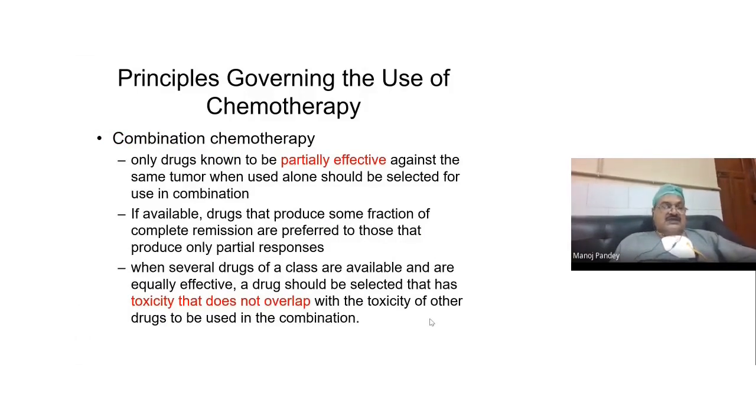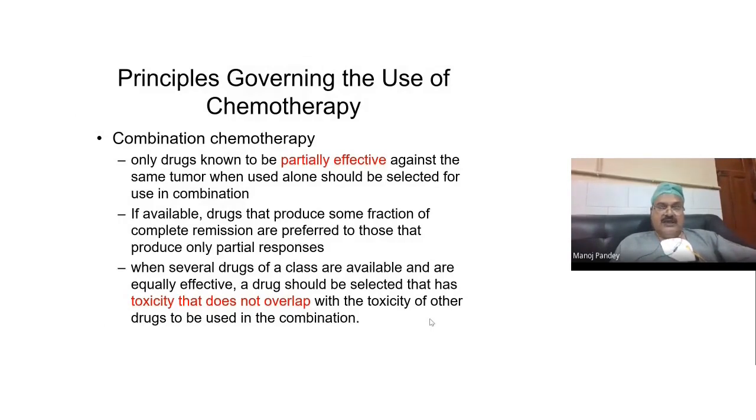As I said, the drugs which are effective individually are only to be combined. The drugs which have the highest response rate when used singly are the best to be combined. And when you are combining two drugs, you should select drugs which do not have overlapping toxicities. So if you choose two drugs which have the same toxicity, like hepatotoxic or nephrotoxic drugs, then you are going to produce more toxicity.